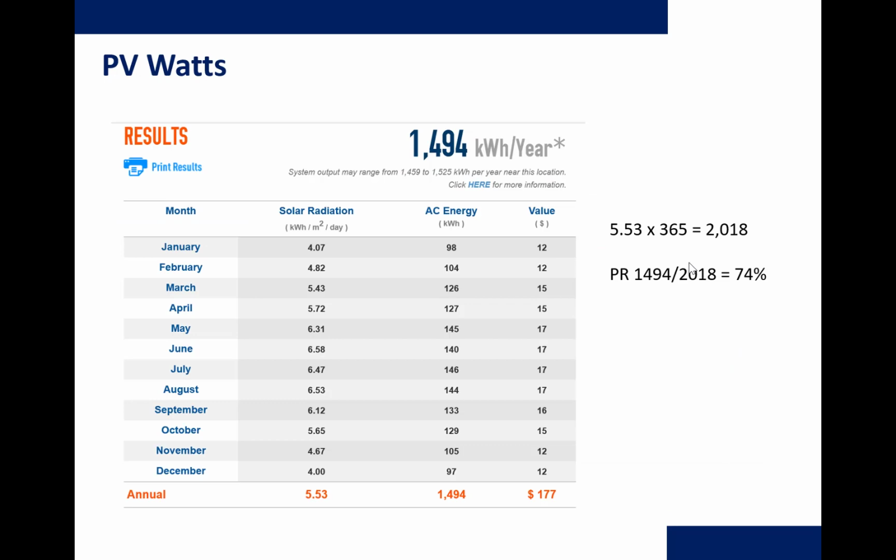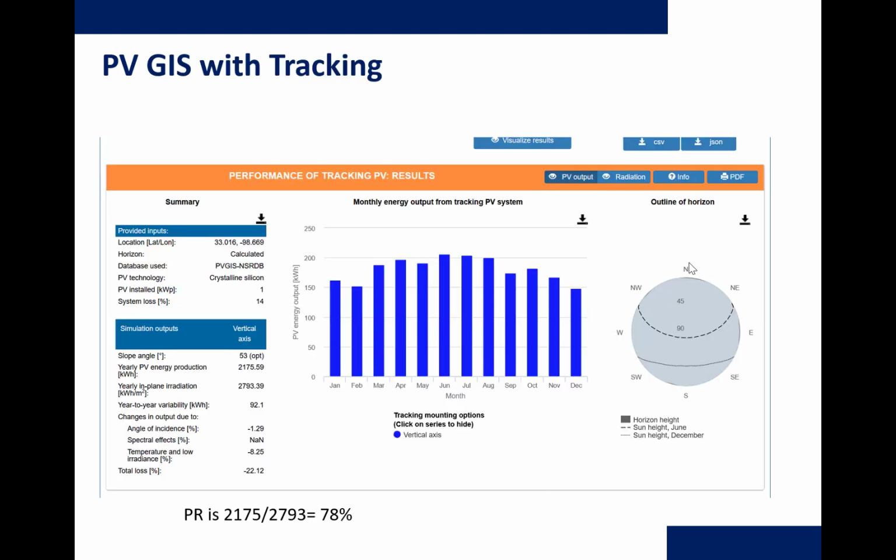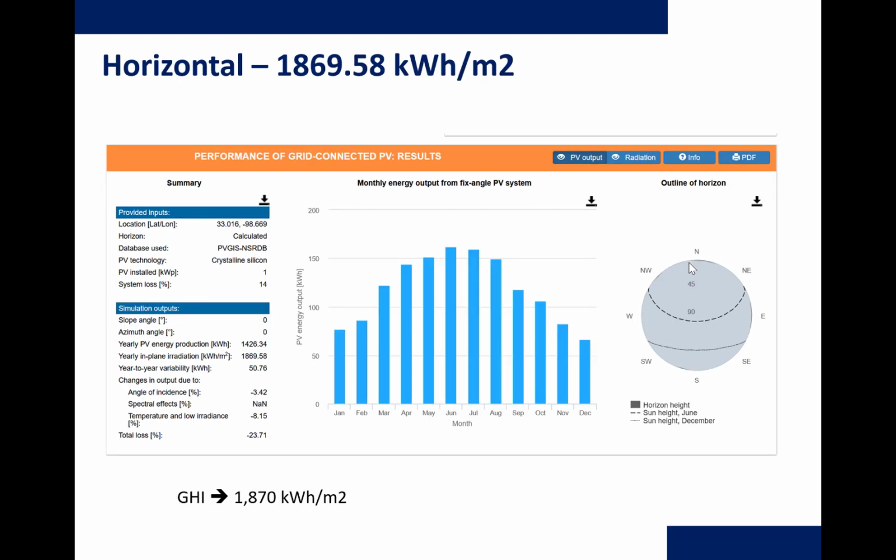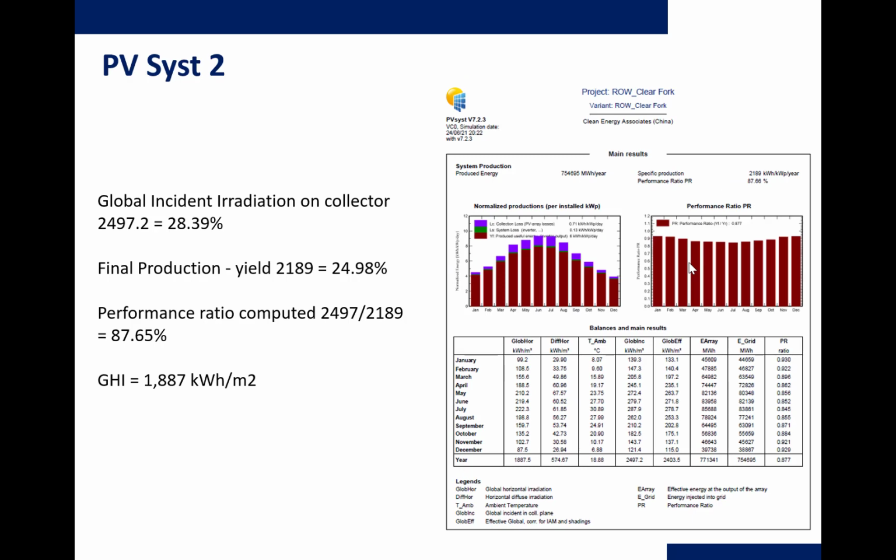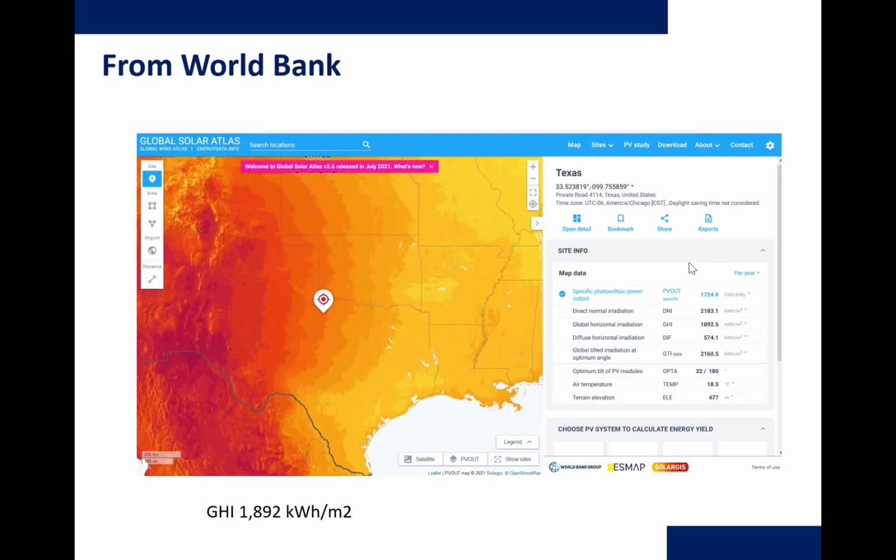And I can't remember if that was a tilt or not. And they gave a performance ratio of 74%. Now the PVGIS gave 78%, and the consultant with the forecast gave 87%. Enough to start asking questions, isn't it?